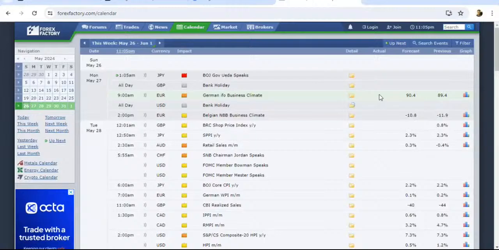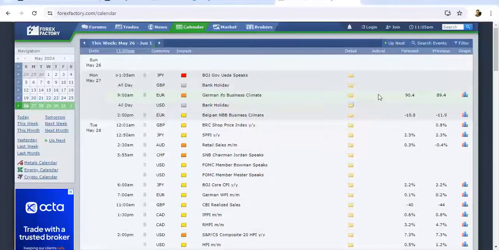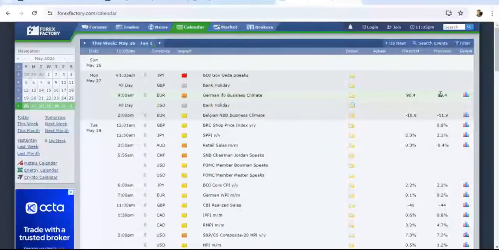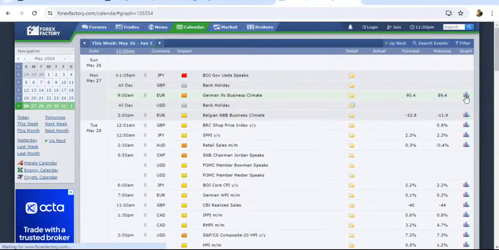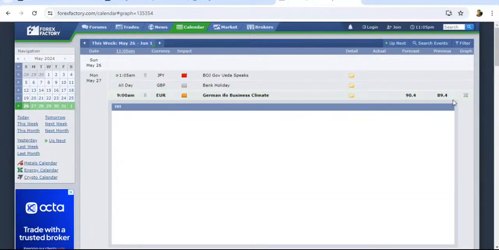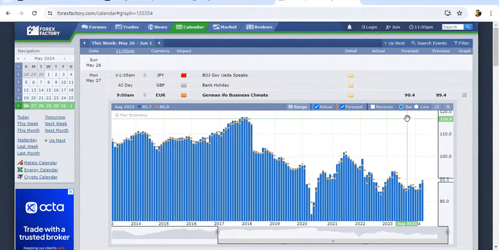Now let's say this actual is higher than this. This is the result from the past here, the news before this one.